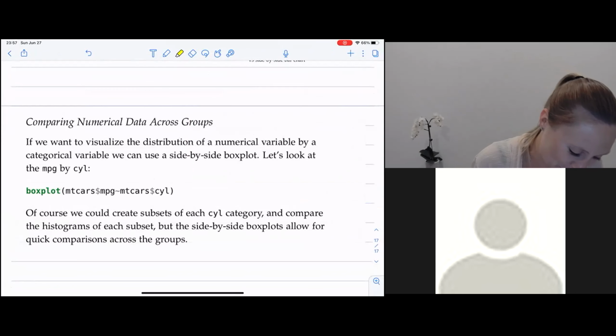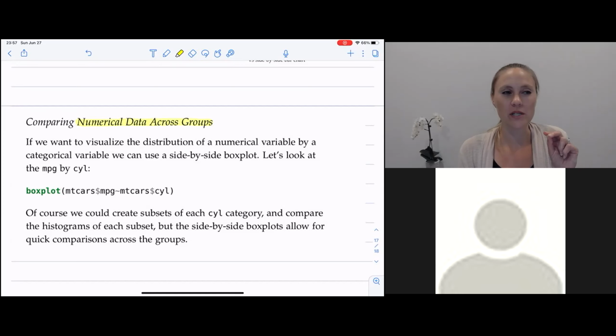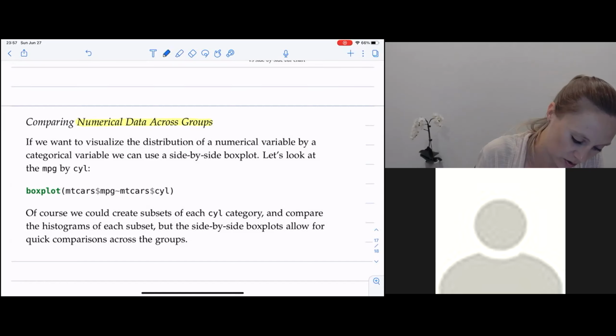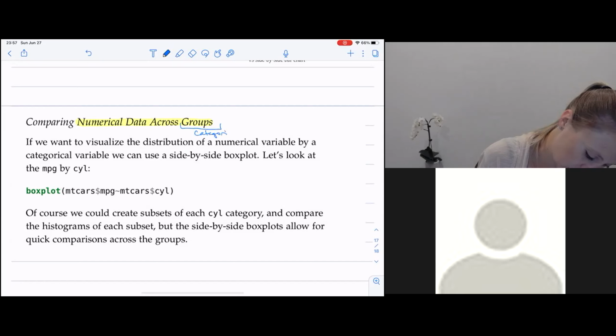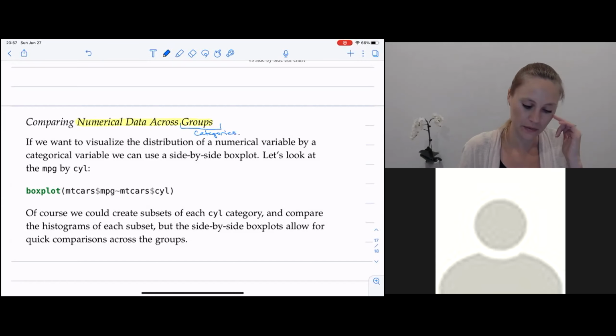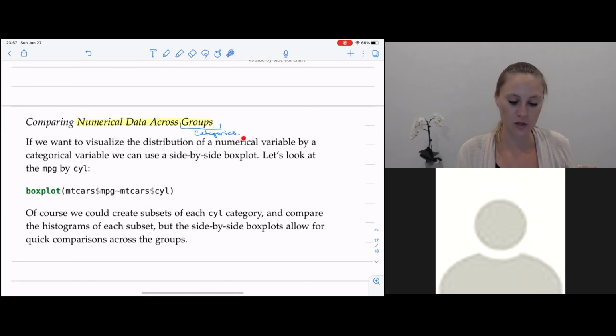But so now I want to talk just briefly about what do we do if we want to compare numerical data across groups, so across categories. Okay. So if we want to visualize the distribution of a numerical variable, miles per gallon, for example, by a categorical variable, we can use what's called a side-by-side box plot.